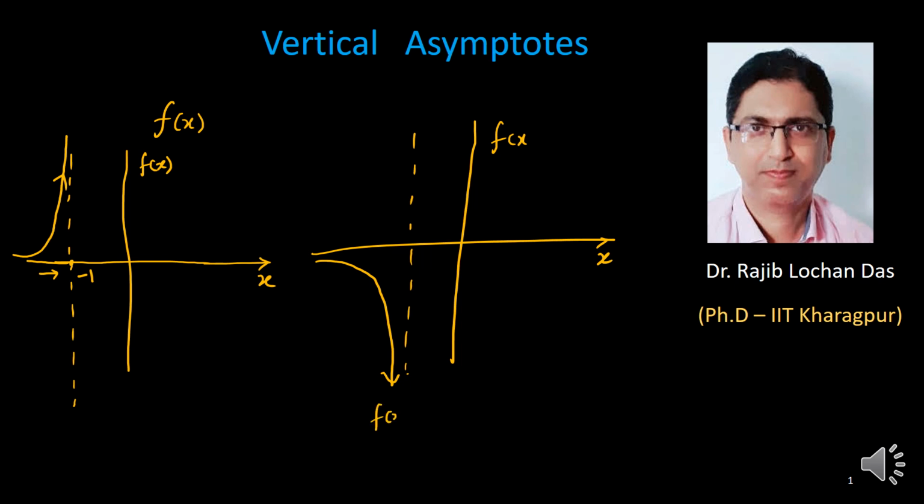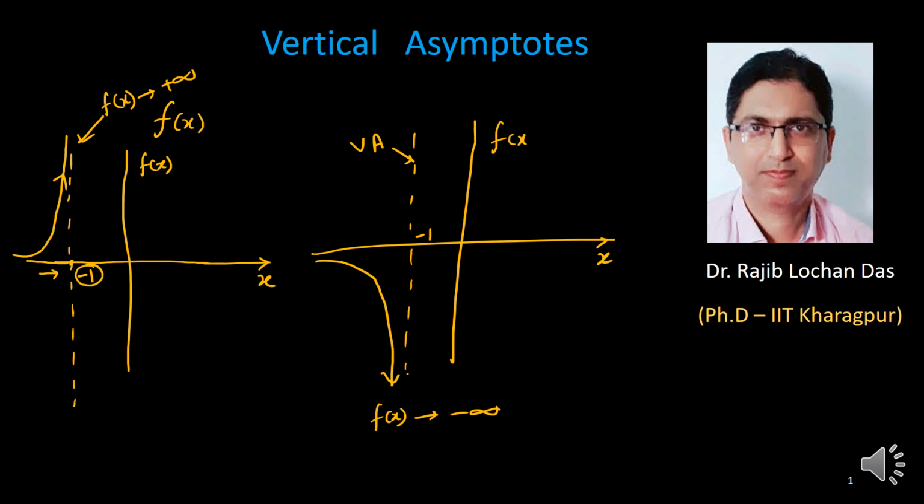So f of x is approaching -infinity in this case, and in the other case f of x is approaching +infinity when x is approaching this value, suppose it is also -1. So these are the vertical asymptotes, and this knowledge is important.